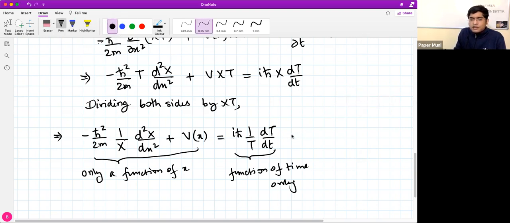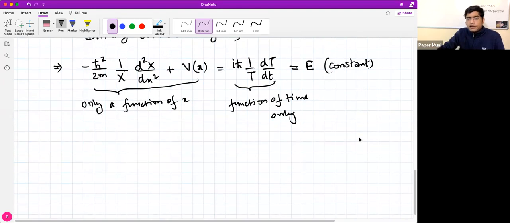Now that constant, in the final equation after derivation, was found to be the energy. So that is why we represent this using E, which is a constant. We could have represented it using anything else, but the final form which we get from the equation is that these quantities are equal to the energy, which is a constant.